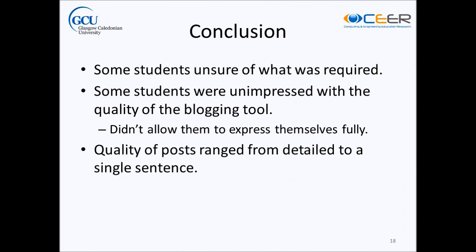It was cumbersome, it wasn't easy to use, it didn't allow for the sort of same freedoms and artistic approach that something like Blogger or WordPress allowed. So again, that's something we can look at. And the quality of posts ranged from detailed to a single sentence.